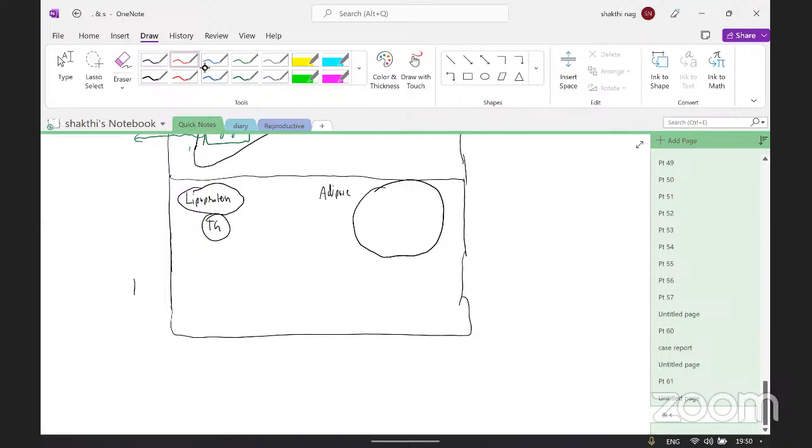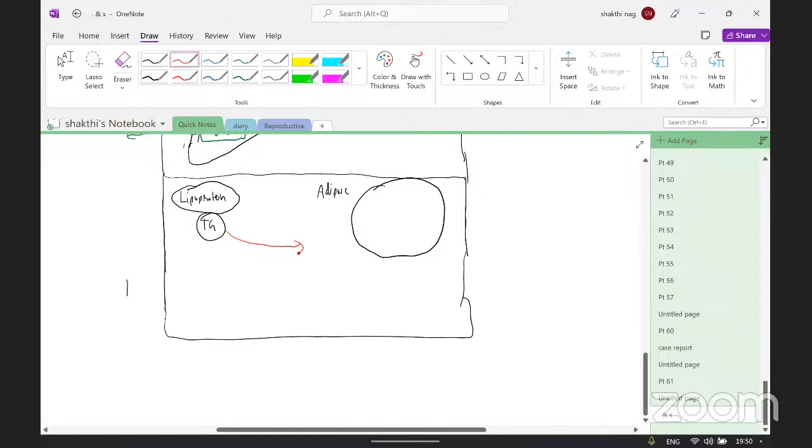okay, this triglyceride, which is here, can get broken down to give free fatty acid. That free fatty acid can now be taken inside. And once inside, this free fatty acid will be converted to triglyceride and stored.